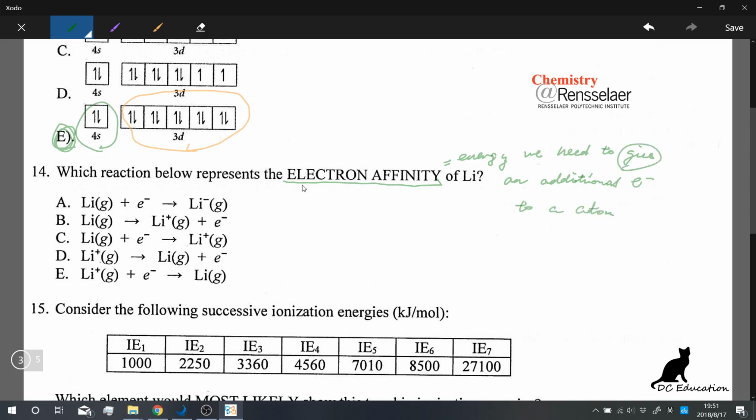It's a give, as you remember correctly. So the correct answer should be A.